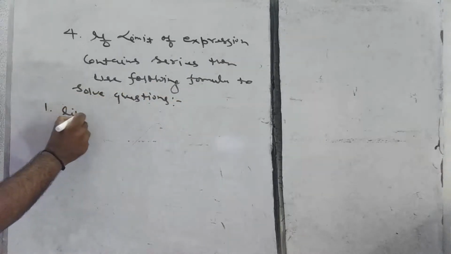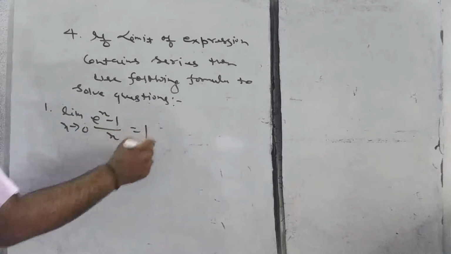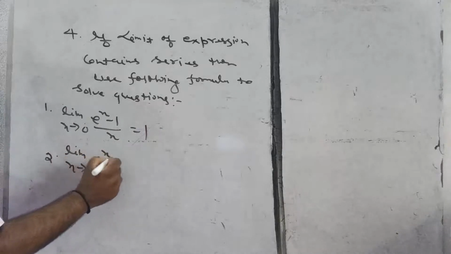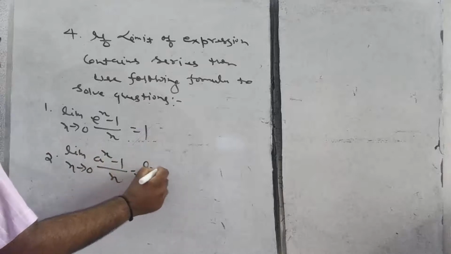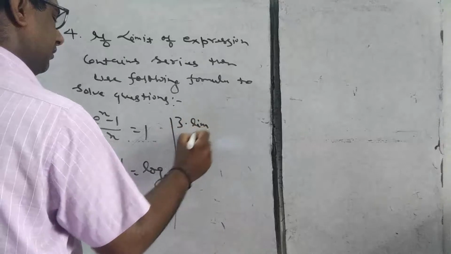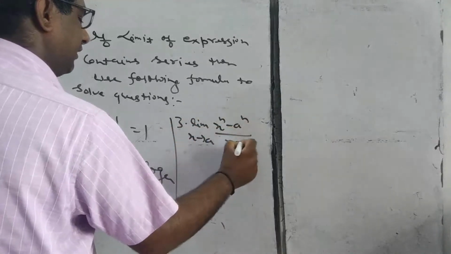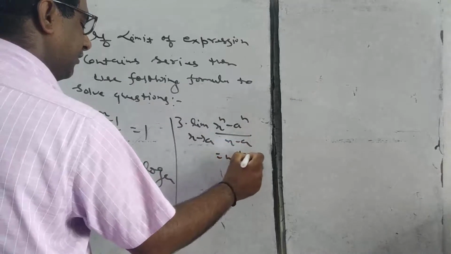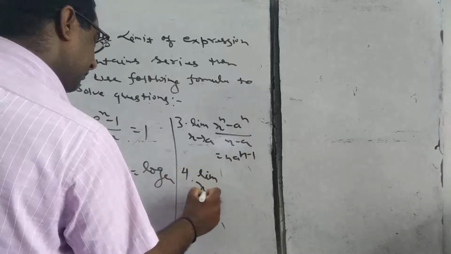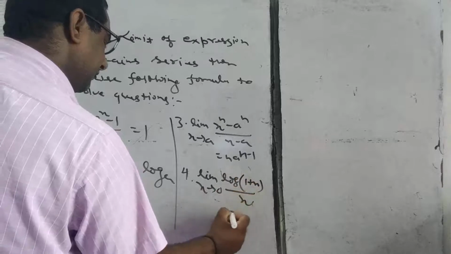First, limit x tends to 0, e to the power x minus 1 by x is equal to 1. Second, limit x tends to 0, a to the power x minus 1 by x is equal to log a. Third, limit x tends to a, x to the power n minus a to the power n upon x minus a is equal to n a to the power n minus 1. Fourth, limit x tends to 0, log 1 plus x by x is equal to 1.